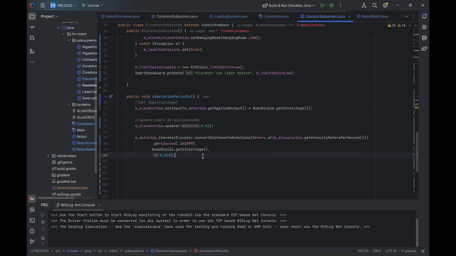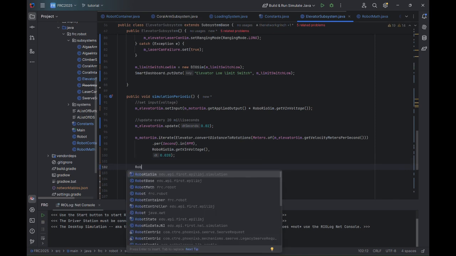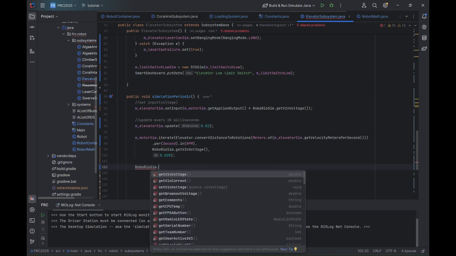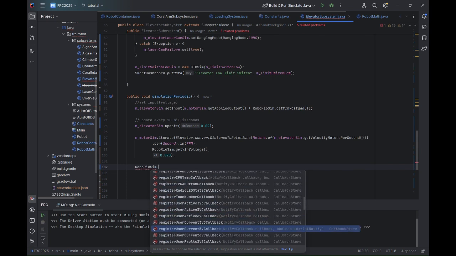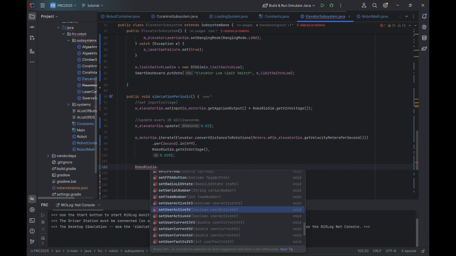Another thing for the simulation periodic is you need to set the roboreal sim, the voltage for the battery. So we are not using get. Here we are using set. Okay.